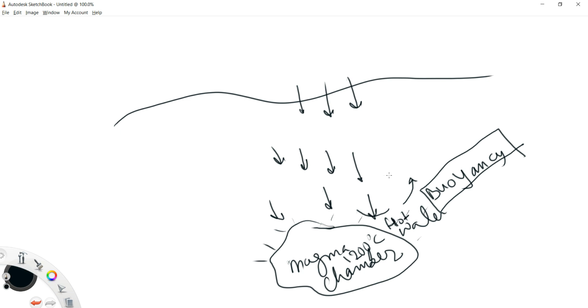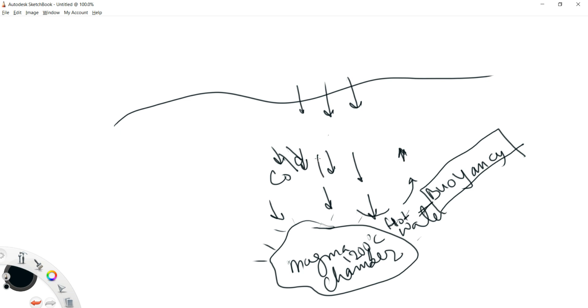So this water is not cold but relatively cooler compared to the hot water, so this one will be heavier, and the water which has just come in contact with the magma chamber is hot, so it will start rising toward the surface. So this cycle will continue.